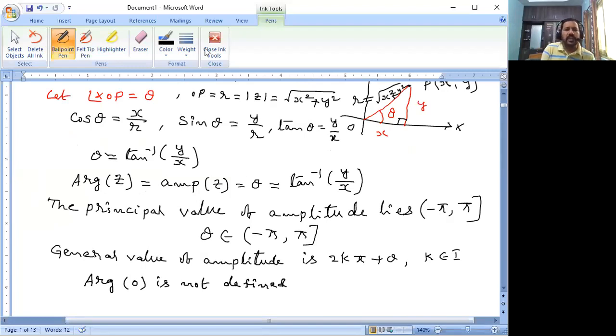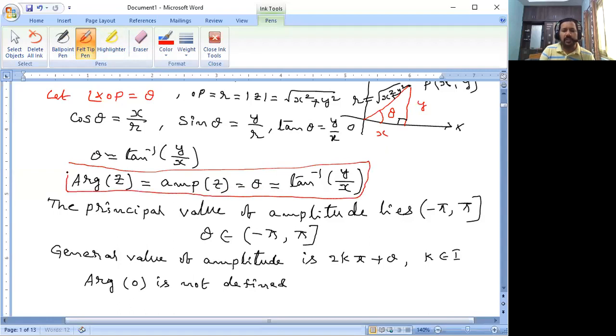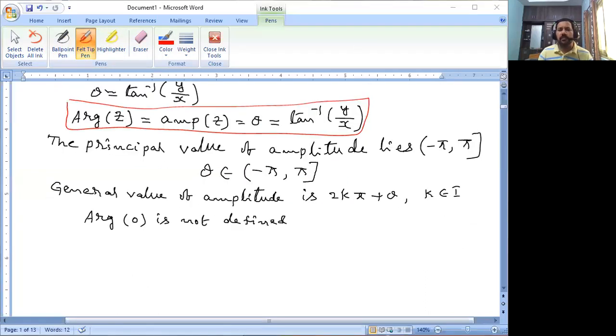Okay, so remember it, this formula is important, but the theta value lies between minus 180 to plus 180. I think all of you understood now. If you have any doubt, type in.